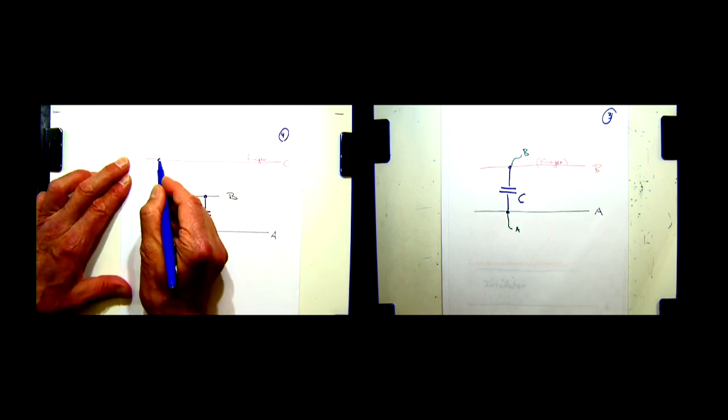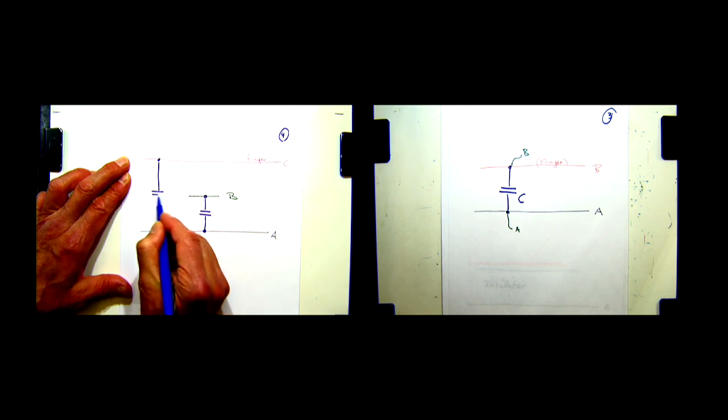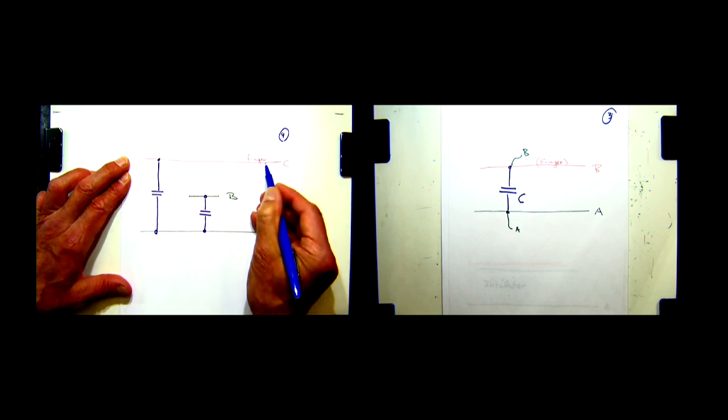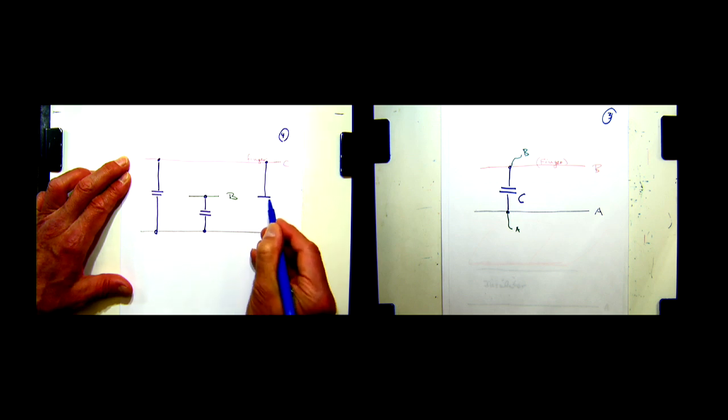Now that we have this additional conductor, do we get new capacitors? Between which two nodes do we now have a capacitor where before there wasn't one? Between A and C, yes. So there is a capacitor here between A and C, and we could also say there is a capacitor on the left side and on the right side.